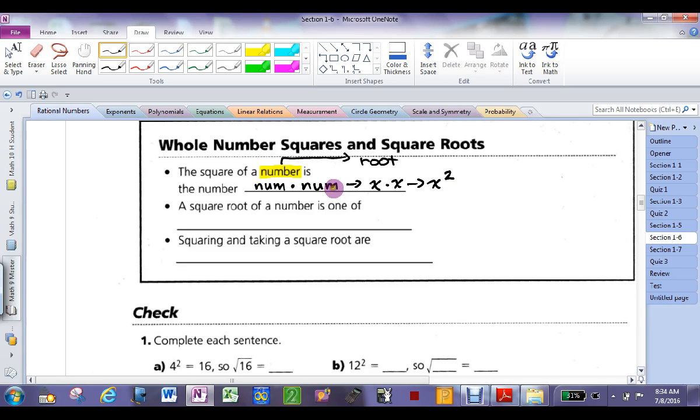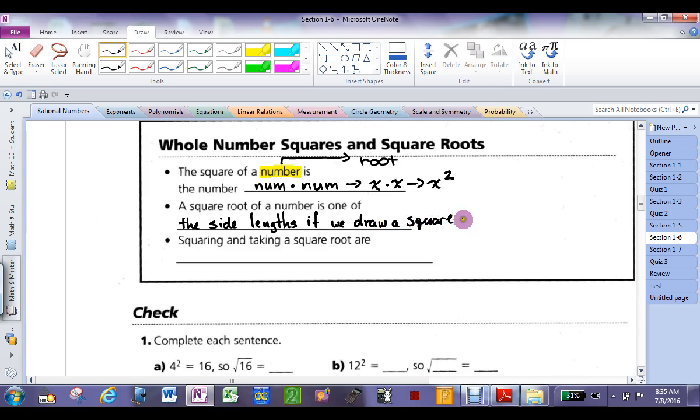That's getting the square. The square root of the number is one of the side lengths if we draw a square.